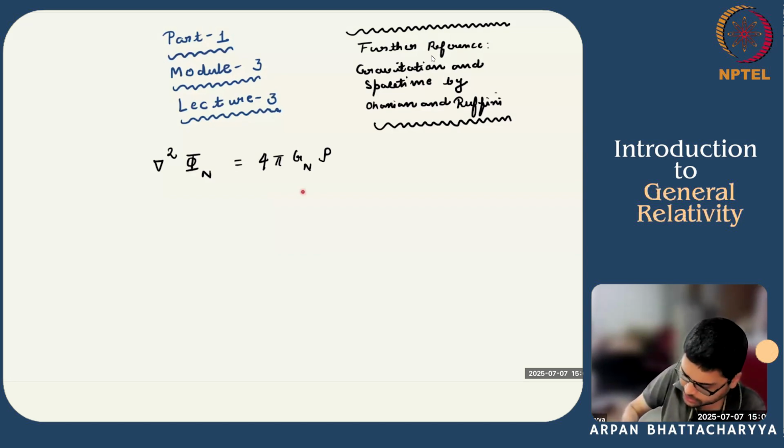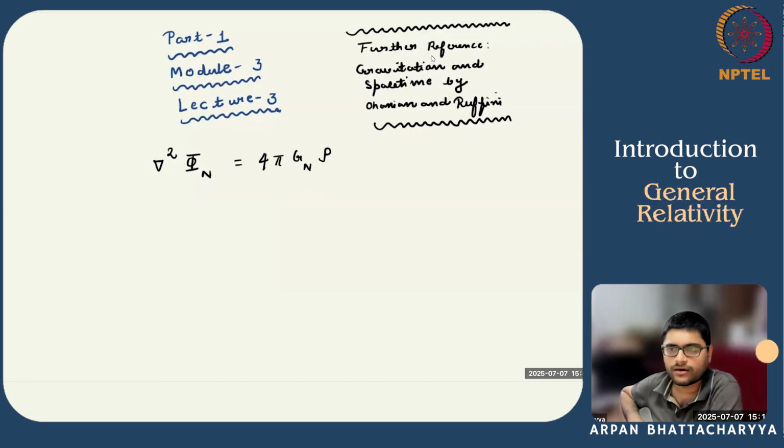So we replaced the right hand side of the Poisson equation that we encountered in electrostatics by the charge current density 4 vector J mu, which has one Lorentz index.